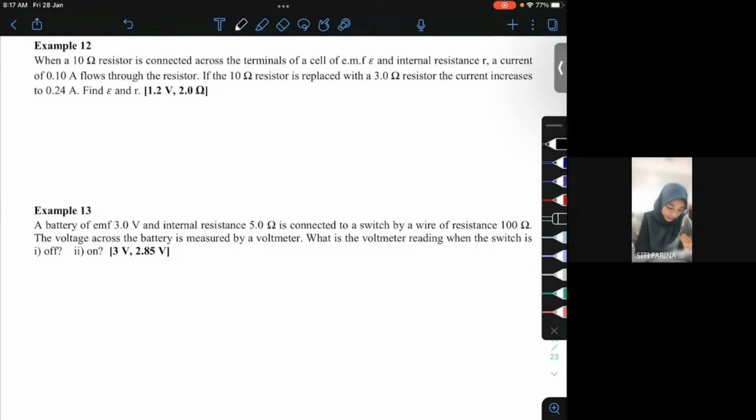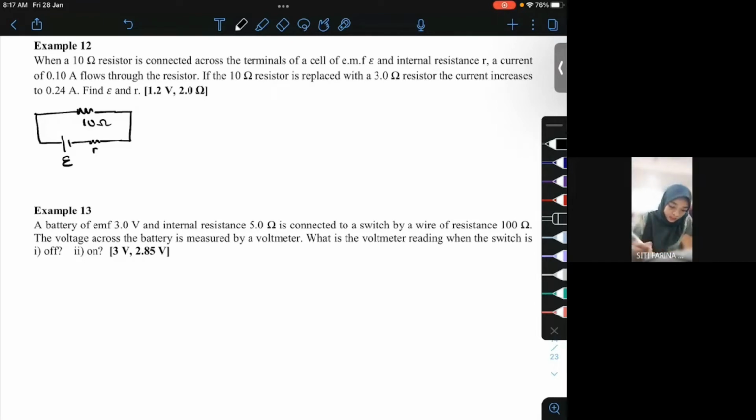Okay, so apa yang kita ada dekat sini adalah kamu ada resistor 10 ohm, connected across terminal of EMF dan juga internal resistance. Maksudnya kita connect dengan bateri, bateri ini mempunyai EMF dan juga ada internal resistance dalam bateri itu. Okay, so this is how your circuit looks like.